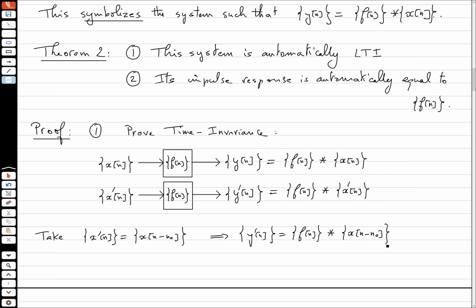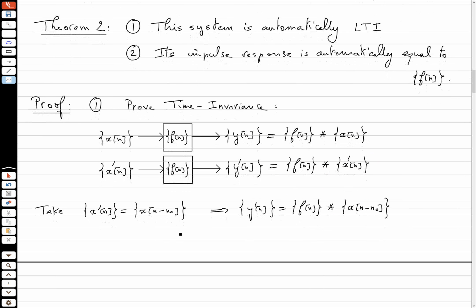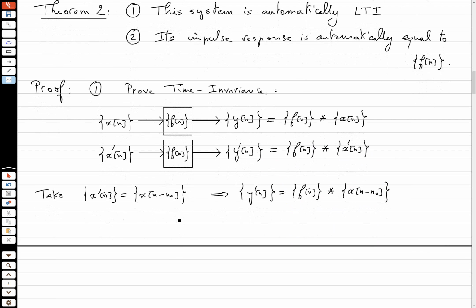All right? But y of n is equal to this. All right? Y of n is equal to this. So when you see this, what do you conclude?